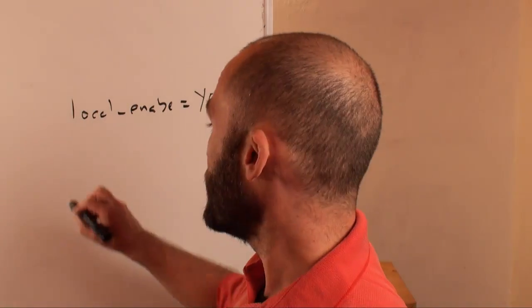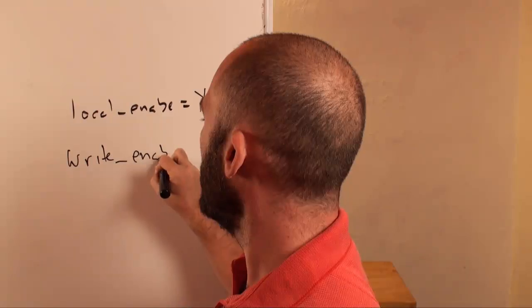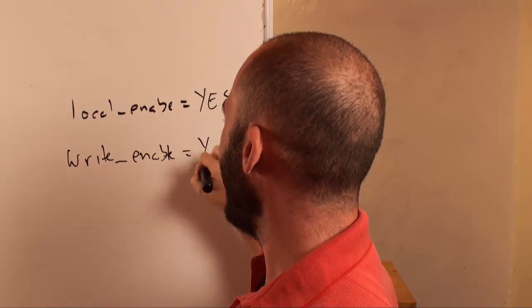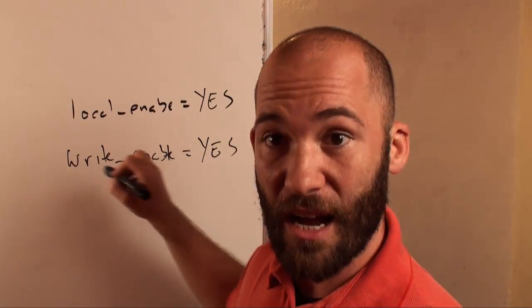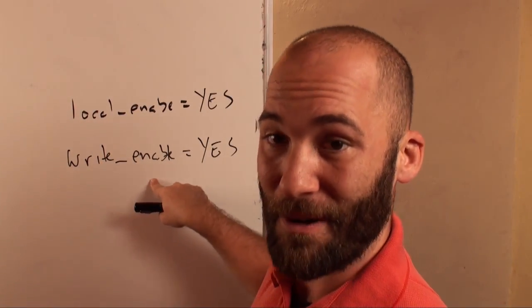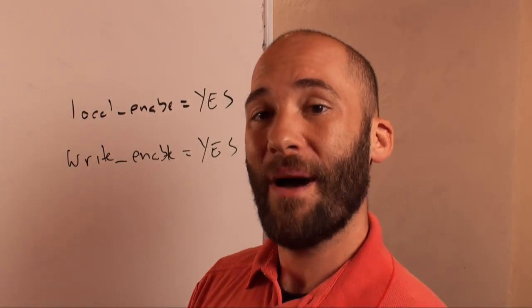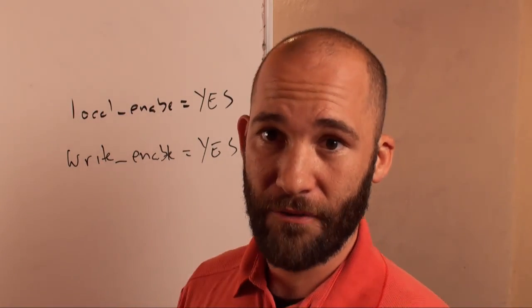The next thing is to make sure that write_enable=YES is not commented out. This is one of the important ones. It says that people can write to the server. By default, people can download stuff from the server.